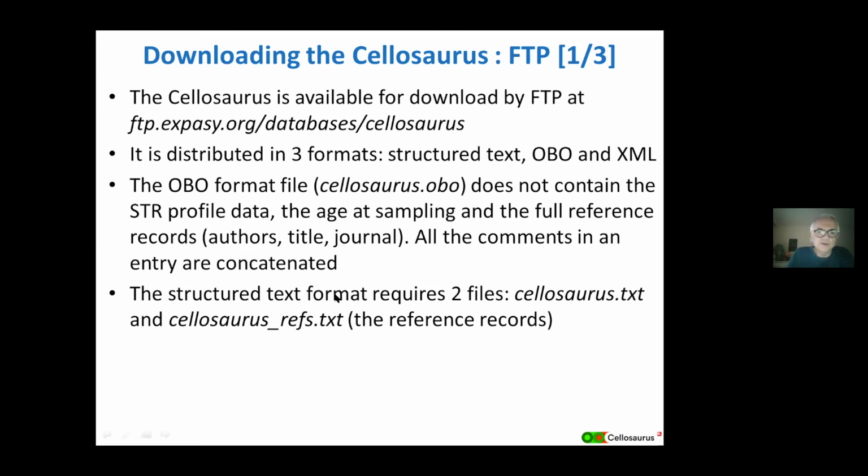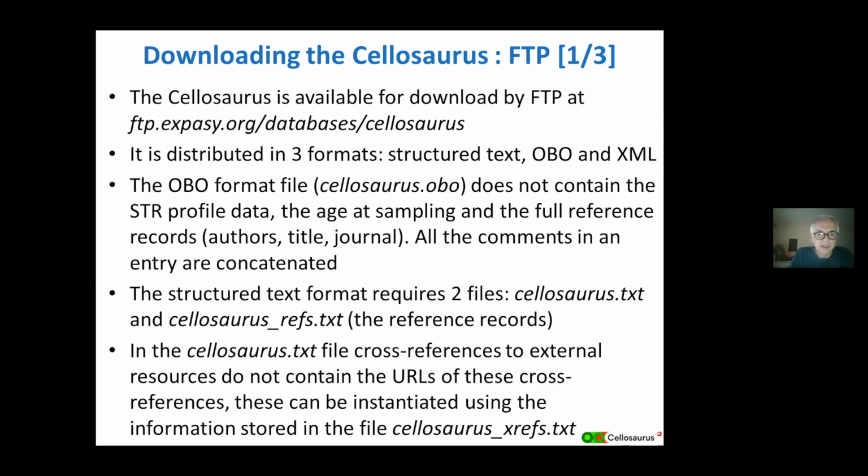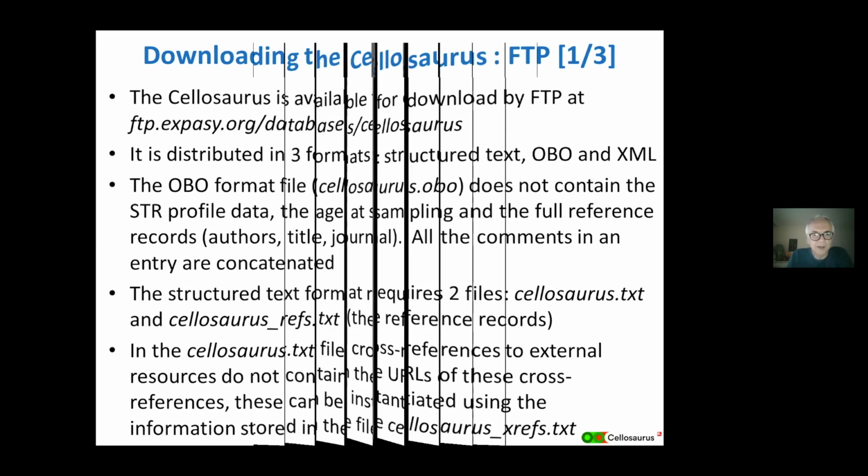So the structured text format requires two files, one with records and one with references. And the URLs of the cross-references are not inside the file. They can be built using the information in a third file, called Cellosaurus xref, where the URL rules are described.